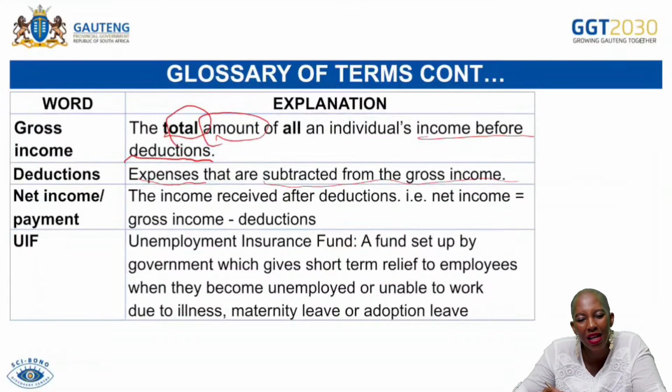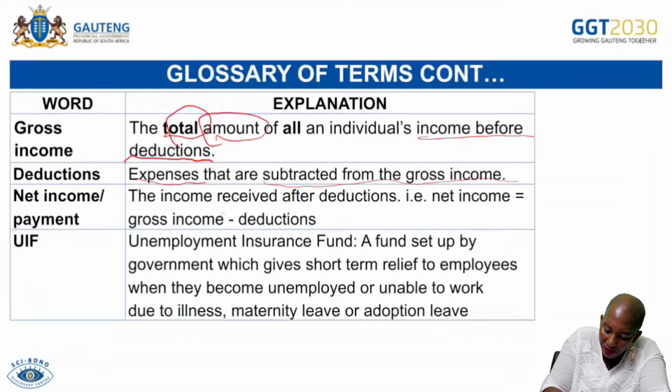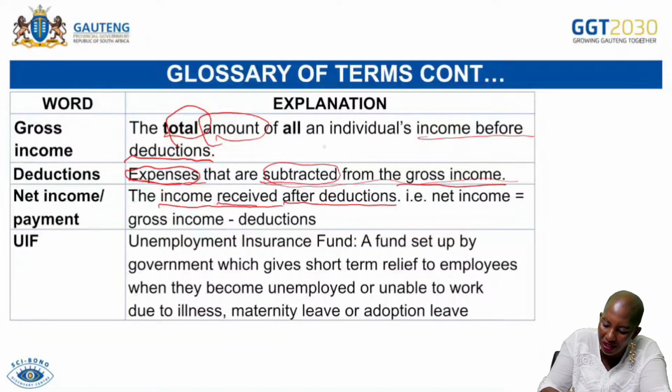And then what is the net income now? Net income is the income received after deductions. We said deductions are an amount, or expenses, subtracted from the gross income. And the gross income is an individual's income before deductions.